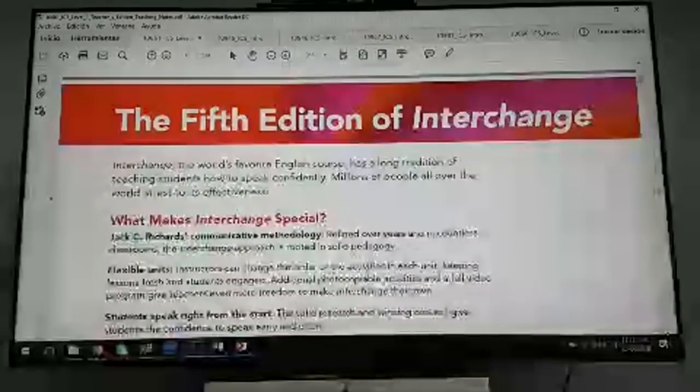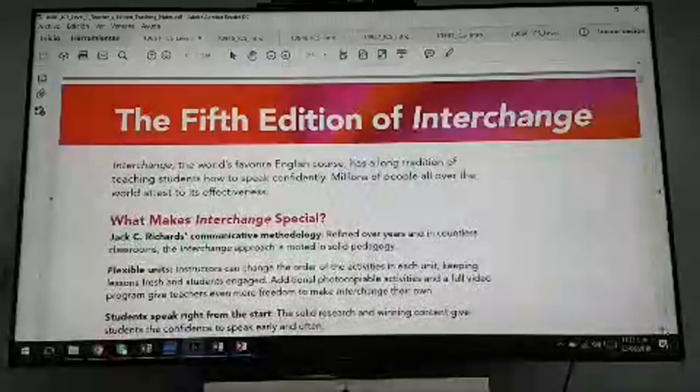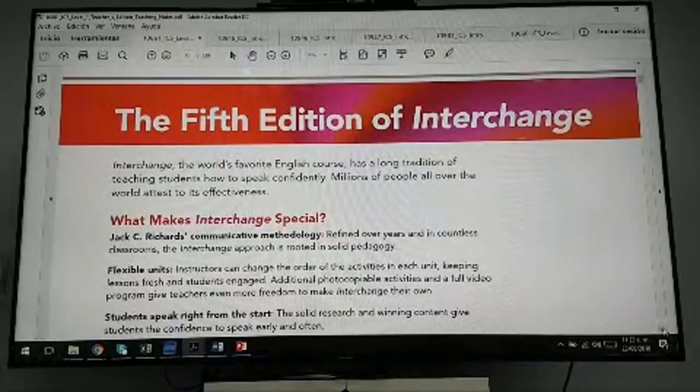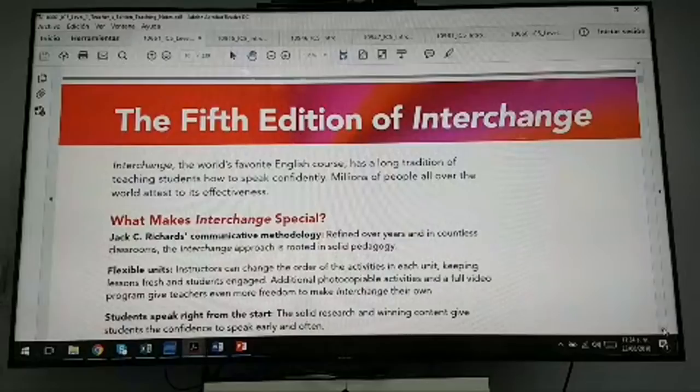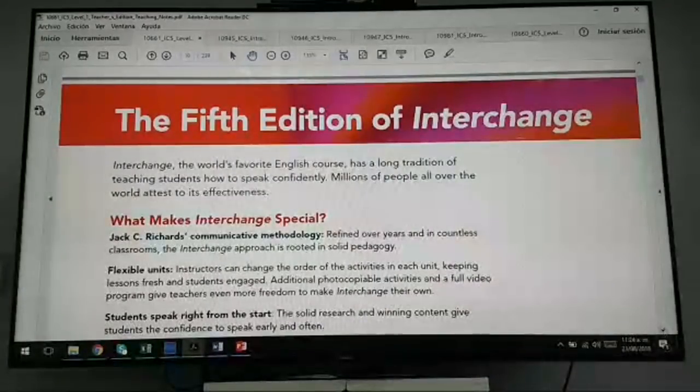That means you can move activities within one unit, so you don't have to follow it prescriptively. You can work around the needs of your students without any problem. I'll come back to that later.